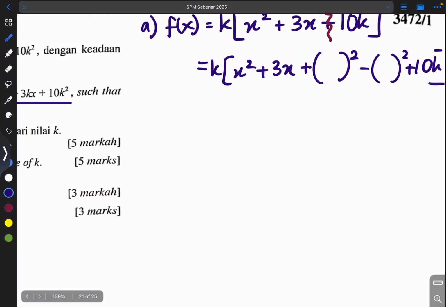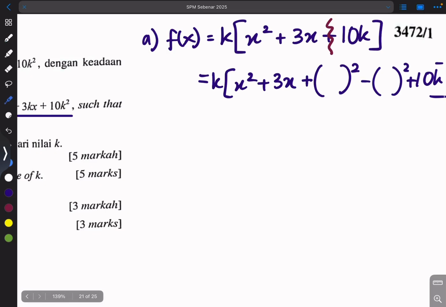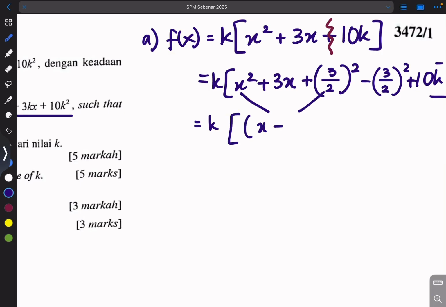Inside the bracket will be b over 2, so 3 over 2, 3 over 2. Then the next step, this one and this one we must write together. So x plus 3 over 2 square. This 3x will go missing, because when we expand this, we will get back the 3x term.